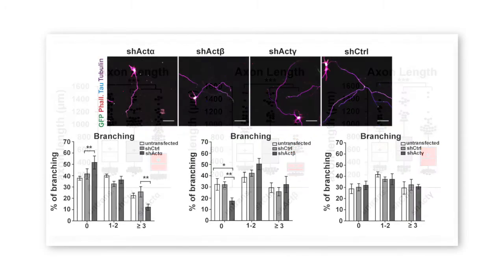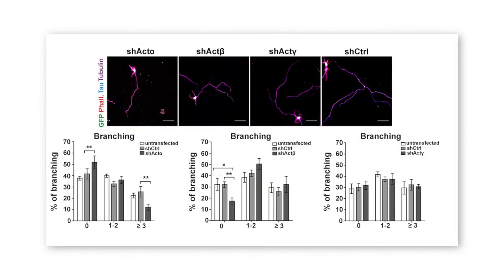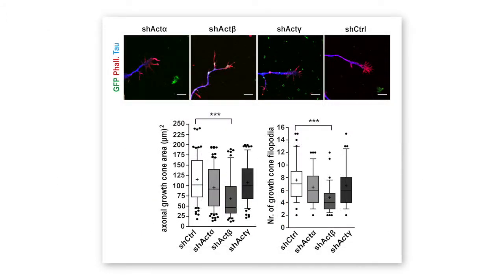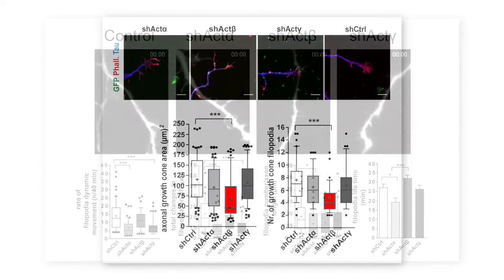But when we looked at the morphology, the alpha knockdown motoneurons had a highly significant reduction in branches. In contrast to beta-actin, where the branches were not really massively reduced, but in the beta-actin it was the axonal growth cone, which appeared much smaller and appeared changed in shape.